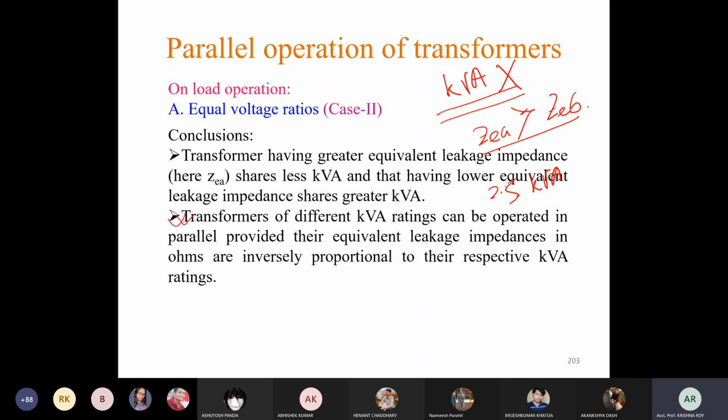It may happen that one transformer is lightly loaded, say with 2 kVA, and the other is heavily loaded, that means overloaded, with 3 kVA. So 2 plus 3 also makes 5. That is the problem in this kind of situation. Is it clear?